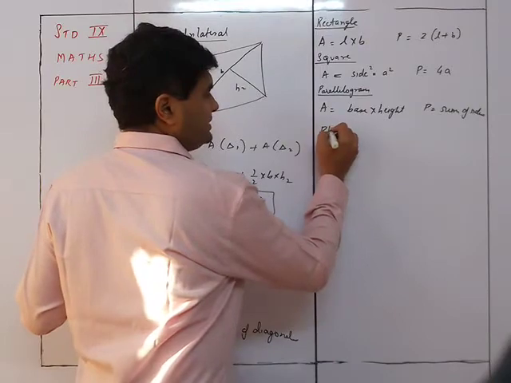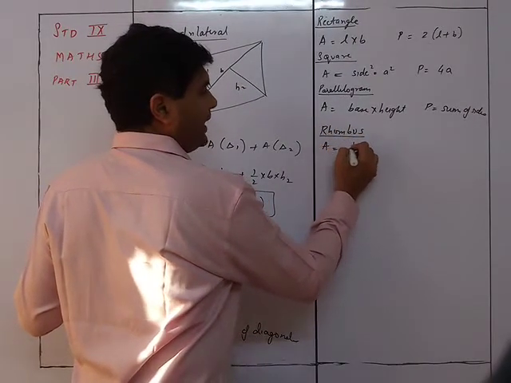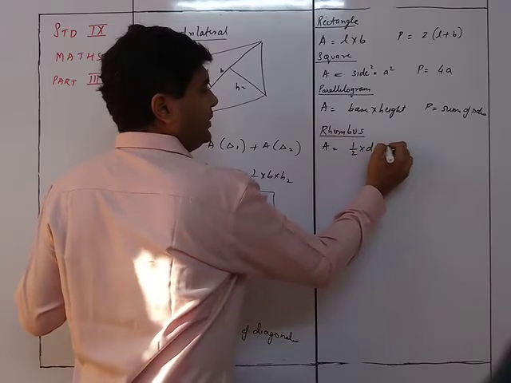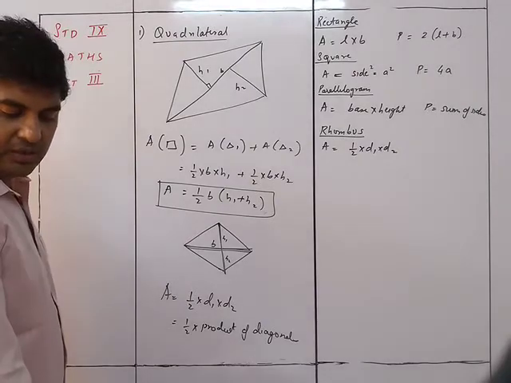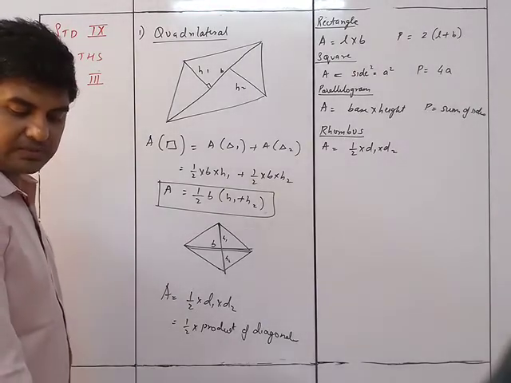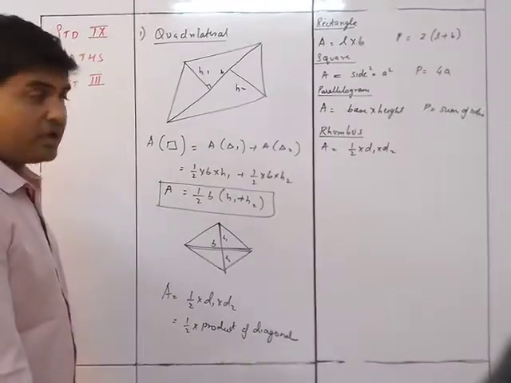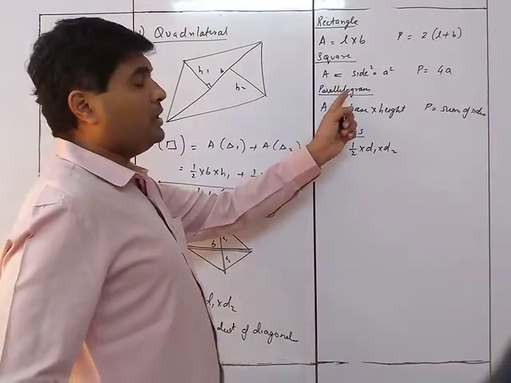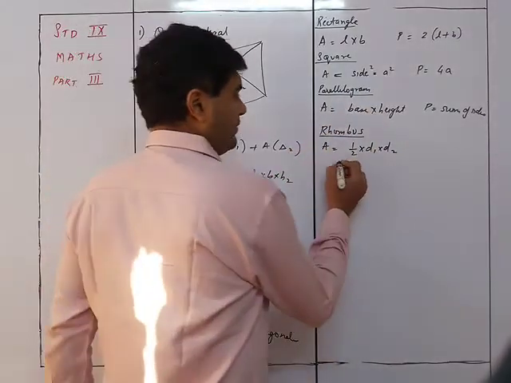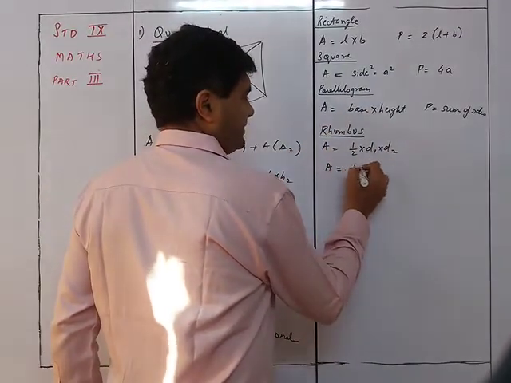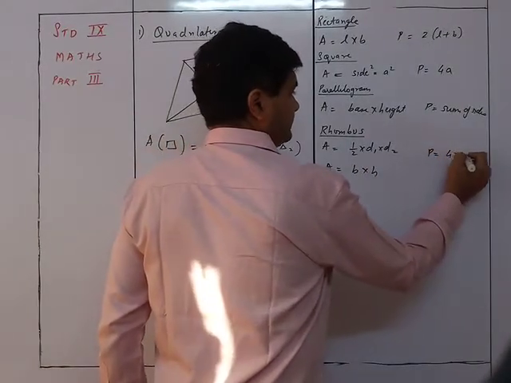In case of rhombus, again area will be equal to half into D1 into D2, that is product of the diagonals. Half into product of diagonals will be the area of the rhombus. You can also have base into height because all rhombuses are parallelograms, so area is also equal to base into height. Okay, and perimeter is equal to 4 into side.